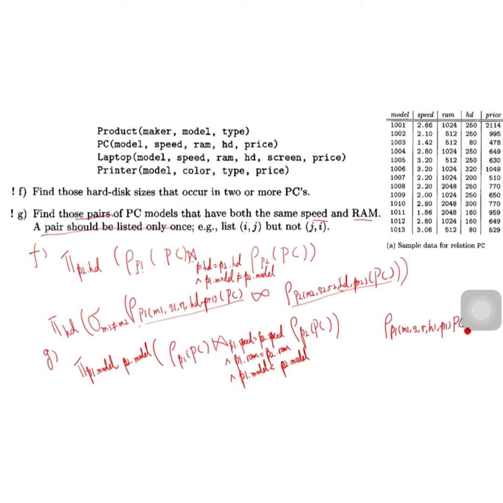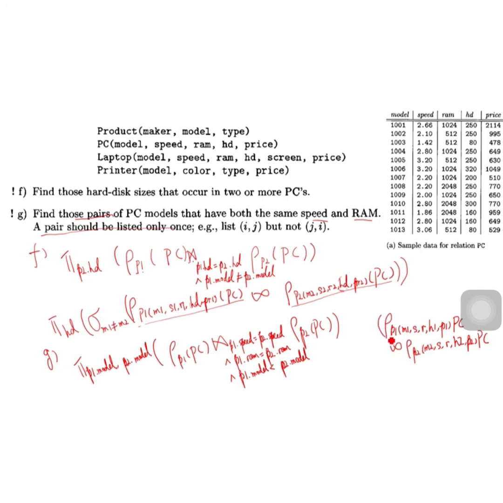Okay, this is PC, natural join, rho P2, now M2, S, R, H2, P2, PC. Now, natural join means the tuples with the same value on S and R, S is speed, R is RAM, will be paired.